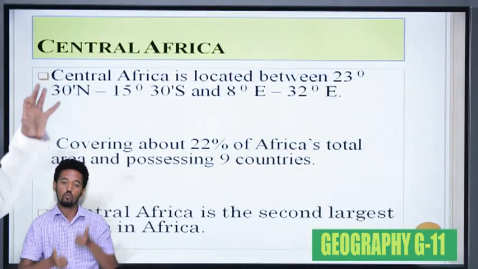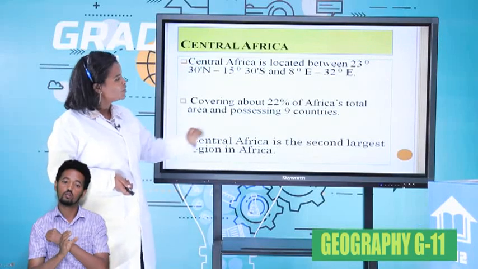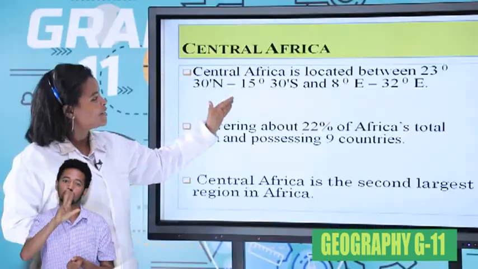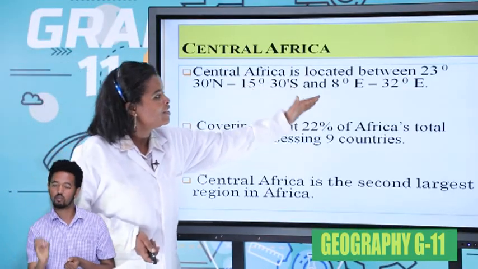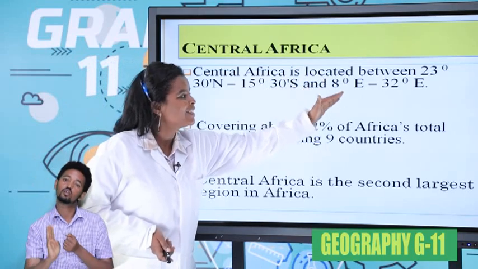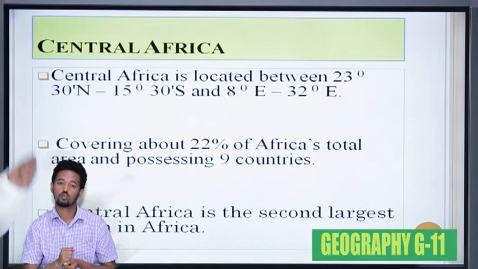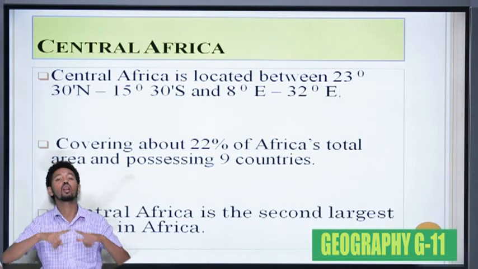When you see the Central Africa location, Central Africa is located 28 degrees 30 minutes north and 50 degrees 30 minutes south, and 8 degrees east to 32 degrees east longitude. Central Africa is the second largest in Africa.